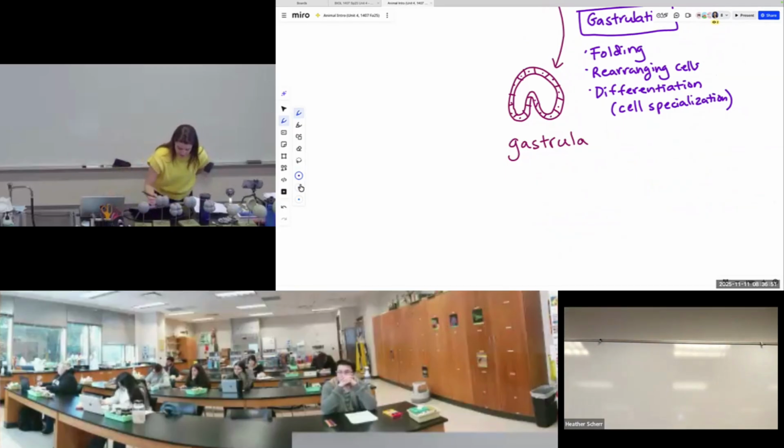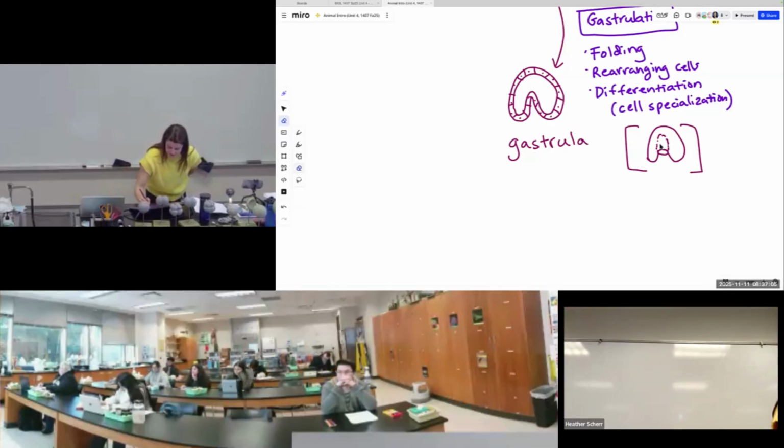So if we were to think about this in 3 dimensions, it would be something more like this. A hole here, and then inside you've got this tube forming. Push-in tube there. Dots mean it's inside. A little cleaner.